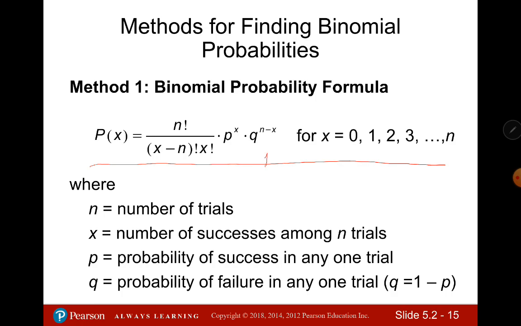We need to know the relationship between lowercase p and lowercase q: p plus q is equal to 1. This is always true, right? You can check here. So if you know p, you automatically get q. So this is the formula. When you do the probability, you need to use this formula.